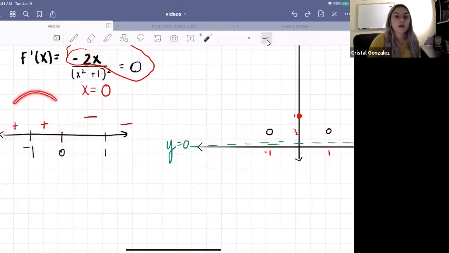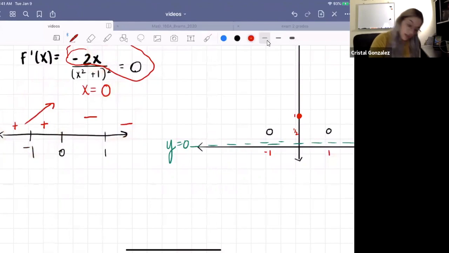And so anything on the left-hand side of 0 is going to be positive, and anything to the right is going to be negative. So that means that here we are actually increasing, and here we are decreasing. Okay, but we still need to check -1 and +1 to make sure there's no change of behavior there.